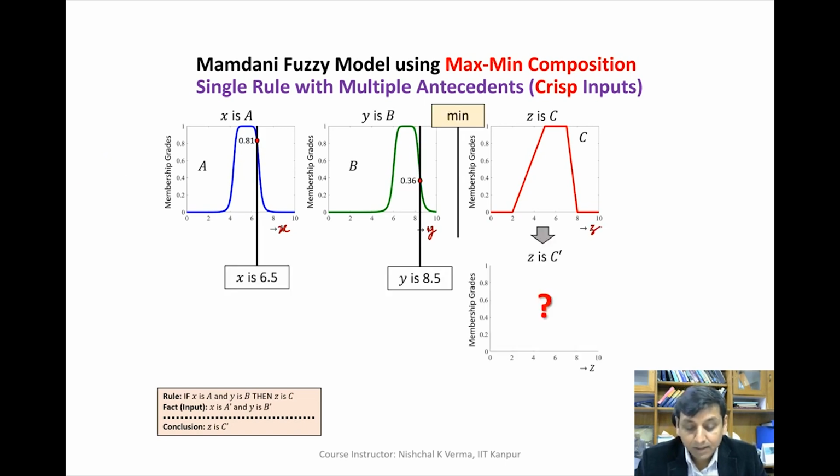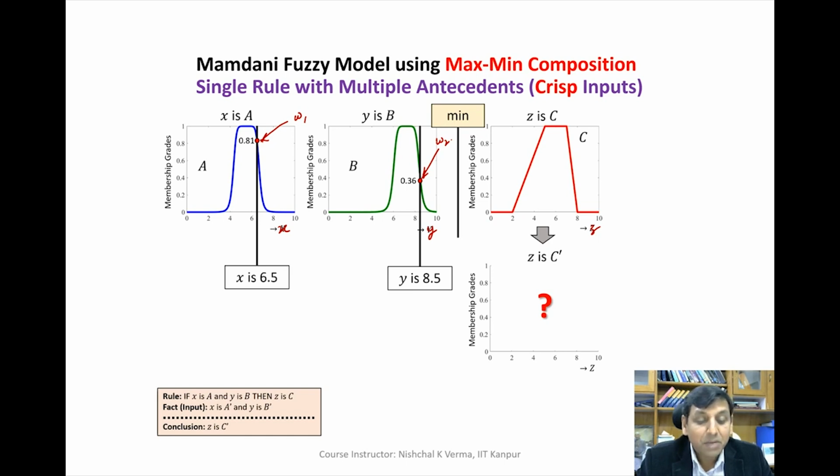When we take x is equal to 6.5, y is equal to 8.5, we get the point of intersection as W1, the point of intersection as W2, and this way we have two points of intersection.